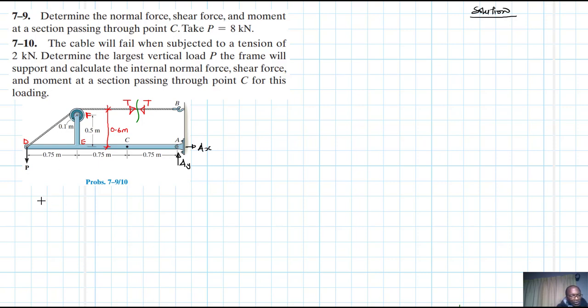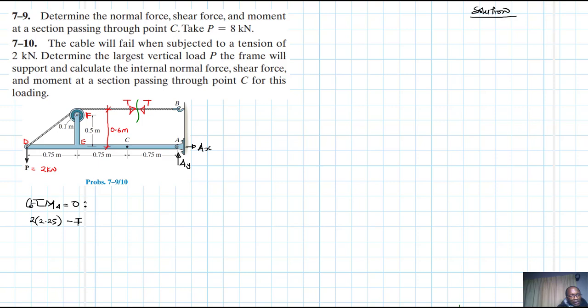Let's apply the equations of equilibrium. So we are starting with case 1 where P is equal to 2 kilonewtons. Right. So we have summation of moments about point A equal to 0. What do we have? We have P, which is a 2, causing an anti-clockwise positive moment, times 0.75 by 3, which is 2.25.